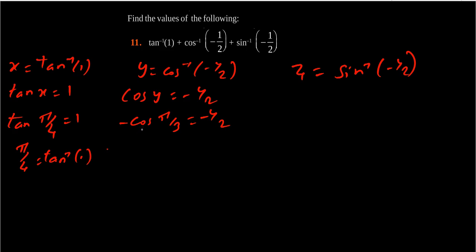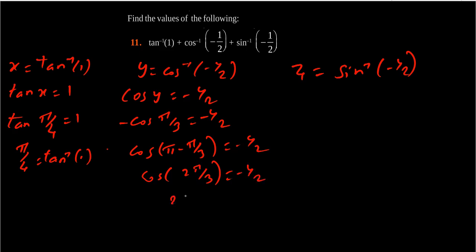So cos of pi minus pi by 3 equal to minus cos pi by 3. So cos of pi minus pi by 3 equal to minus 1 by 2. If we take LCM here, 3 minus 1 is 2. So cos of 2 pi by 3 equal to minus 1 by 2. So 2 pi by 3 equal to cos inverse of minus 1 by 2. This is 2 pi by 3.